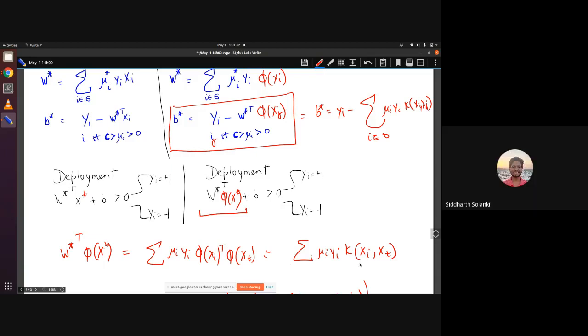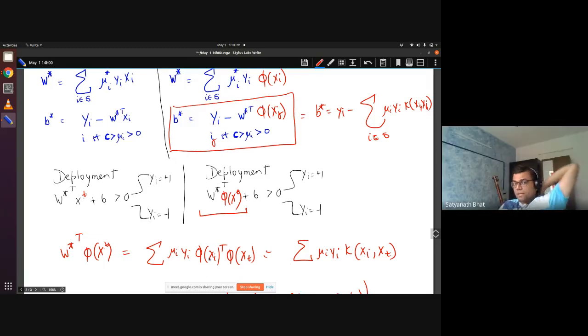Sir, but if our phi was already infinite dimensional, how did we even do this? We didn't directly do this inner product. We can't do the inner product, but we have a kernel function which does the equivalent thing. The kernel function was internally doing this, but without having actually done this, it is able to get that.